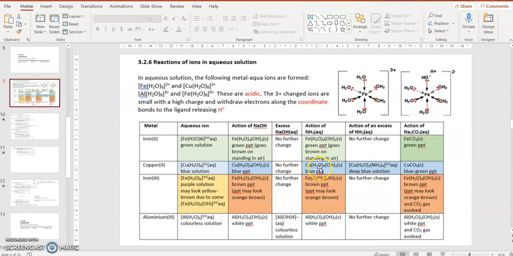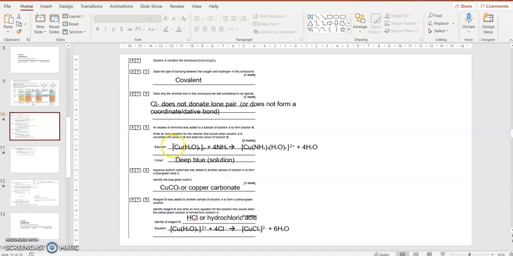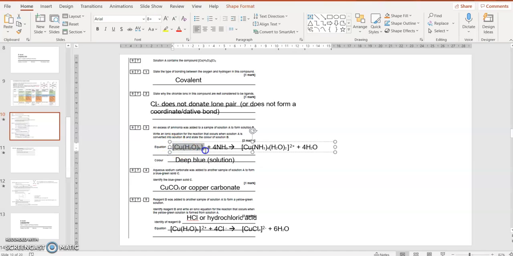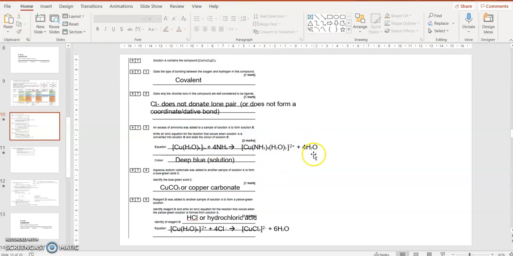So you can cut out the middle part if you want to, and just say that the Cu(H2O)6 2+, when we had excess ammonia, forms Cu(H2O)2(NH3)4 2+. And so you could write the equation like that: Cu(H2O)6 2+ and 4 NH3s. 4 NH3s replace 4 of the waters and leave 2 of the waters remaining, and it's 2+ charge because the ammonia and the waters don't have any charge, and the Cu is still charged 2+, and 4 of the waters come off.